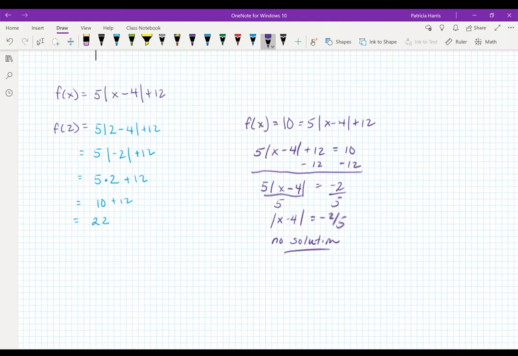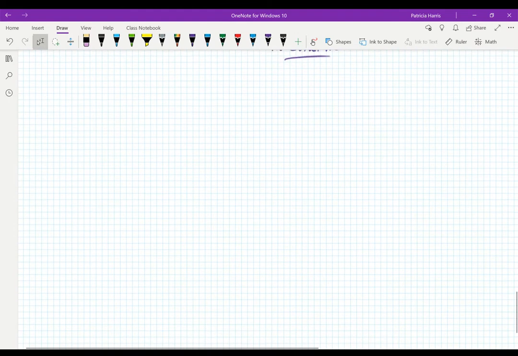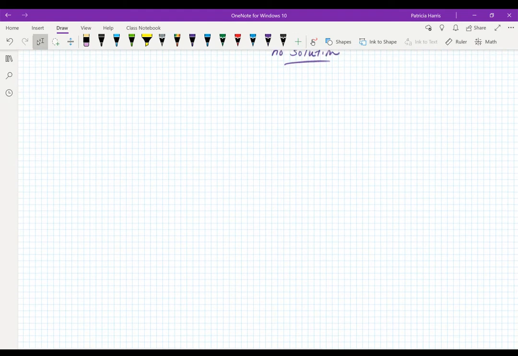Now there's a second way to do this, which is by graphing. So I'm going to give you another equation, and we're going to find these types of answers by graphing. So let's graph. There's my function. I'm going to graph it.